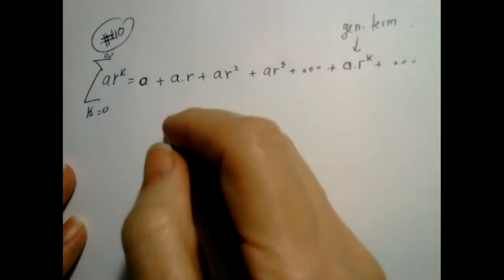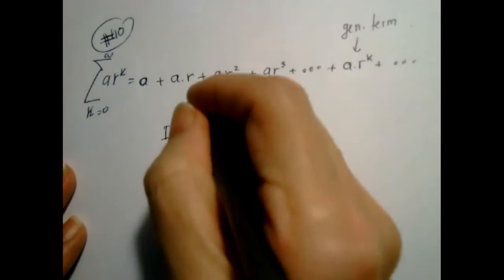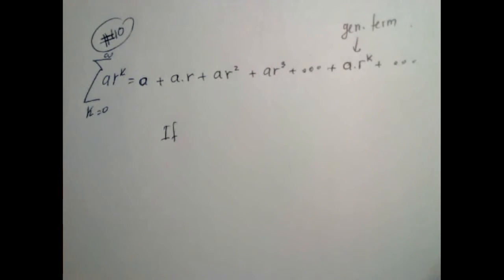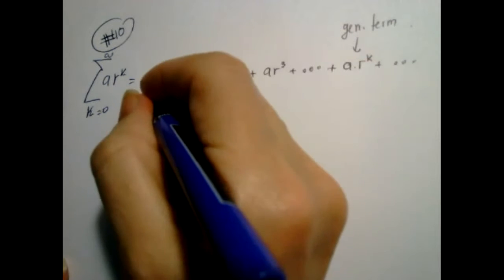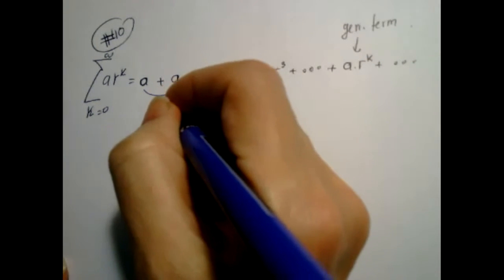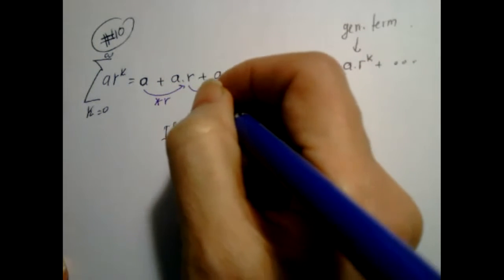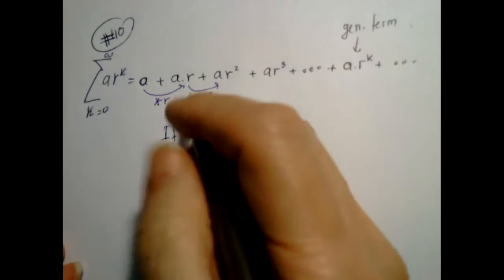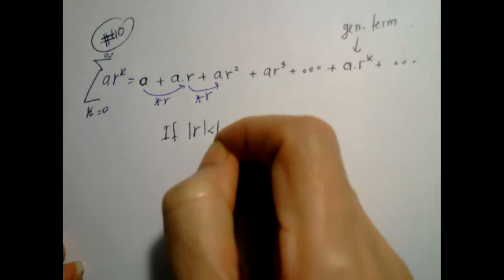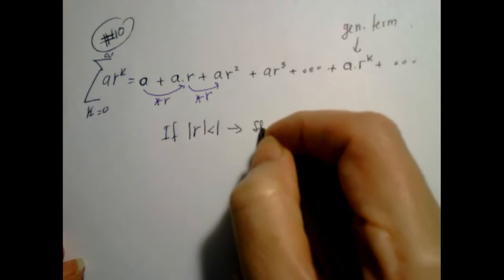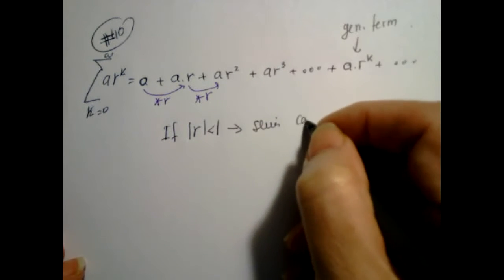The main idea is that R is this constant multiplier. If R is less than 1 in absolute value, then the series converges.